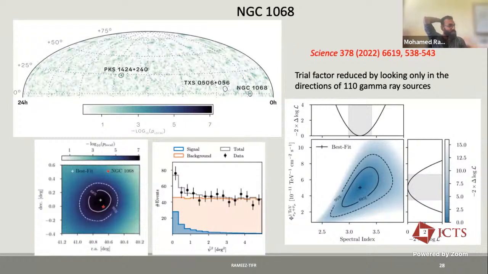That is, they predicted that the neutrino flux from the source would be a factor of 100 smaller than what we eventually measured it to be.